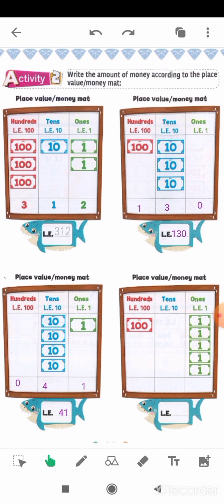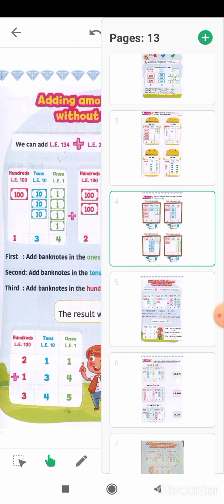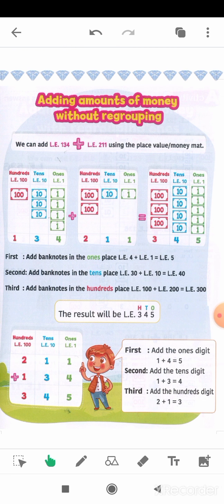Here I have 100, and have 1 2 3 4 5 and 5 ones or 5 papers of 1 pound, so we have here 1 and 0 and 5, so my money is 105 pounds.